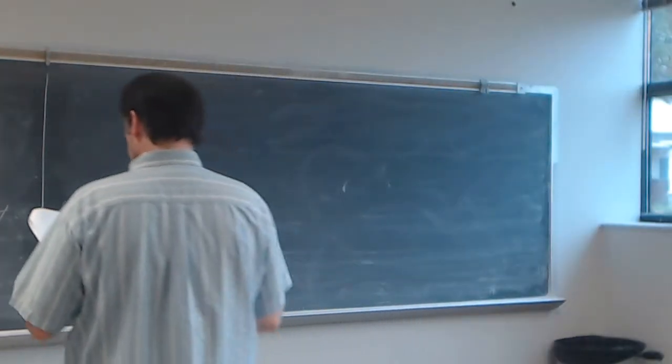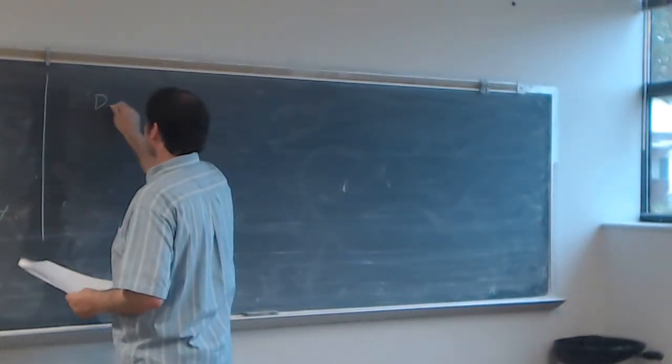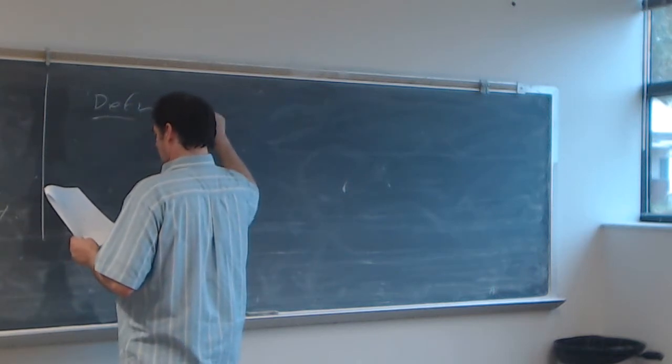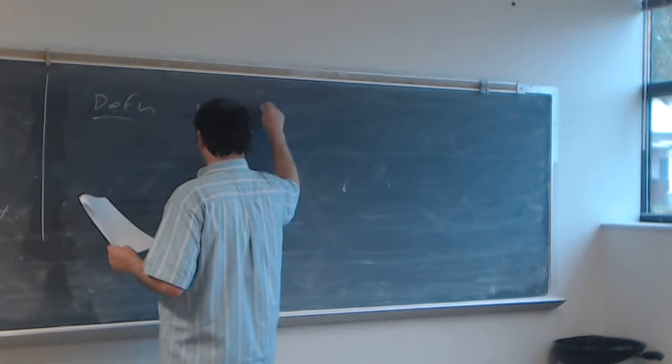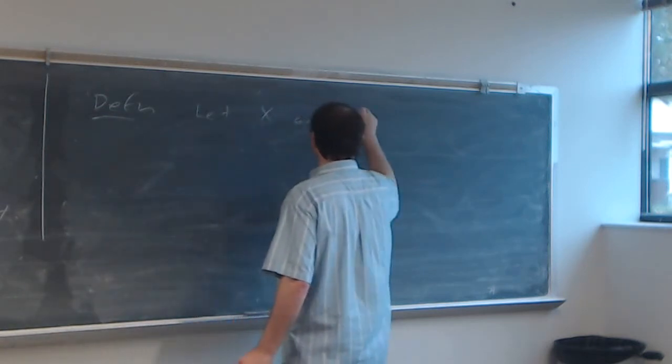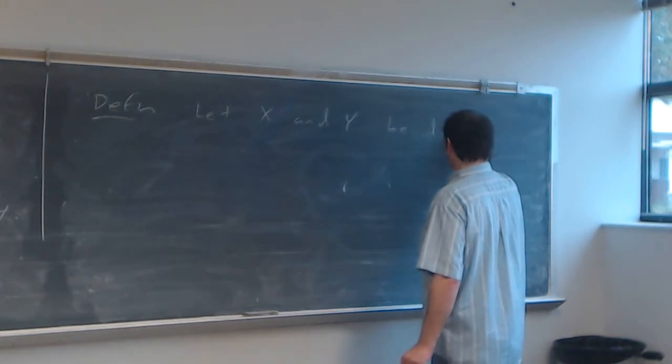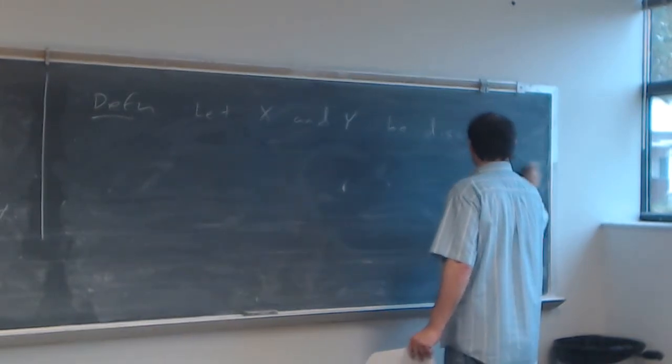Okay, so here's the definition. It says, let X and Y be discrete random variables.